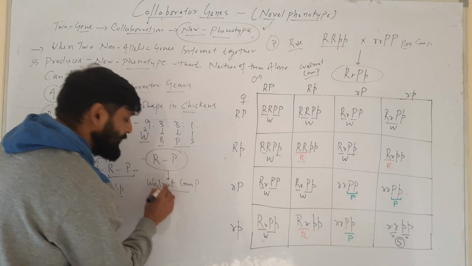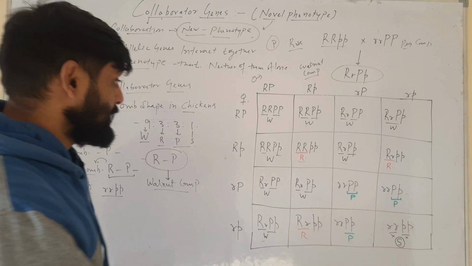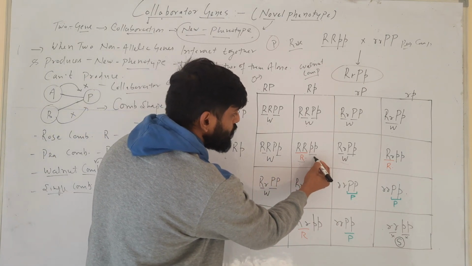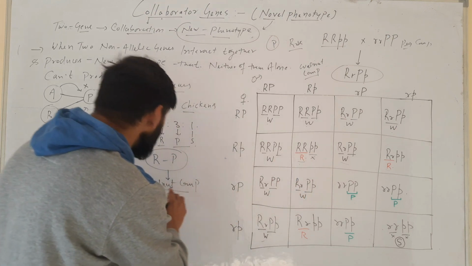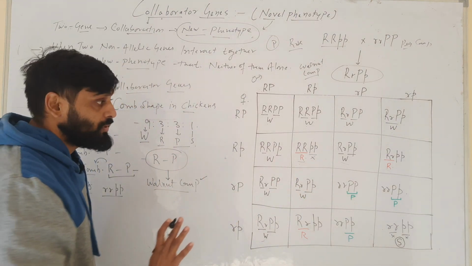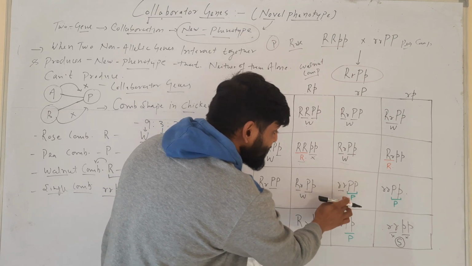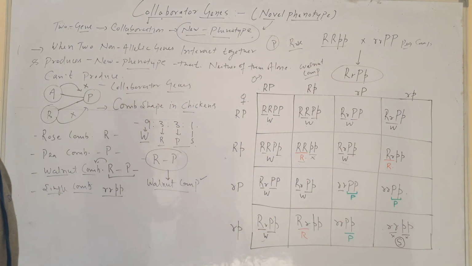But when any of them is absent, in that case capital P is not there, so it cannot produce walnut comb alone. In that case capital R is absent, so it cannot produce walnut comb.